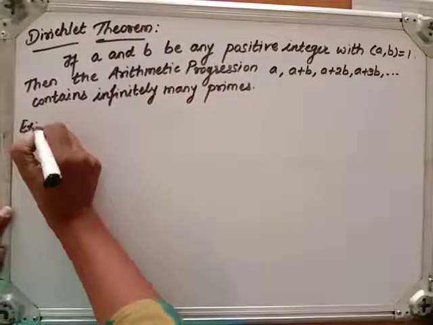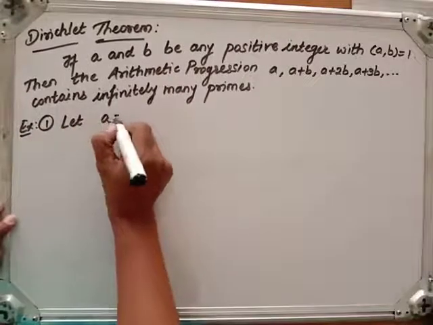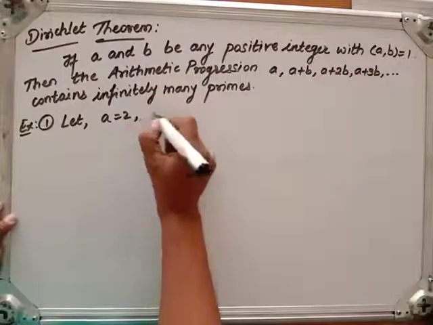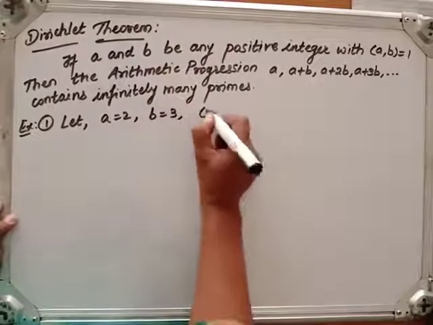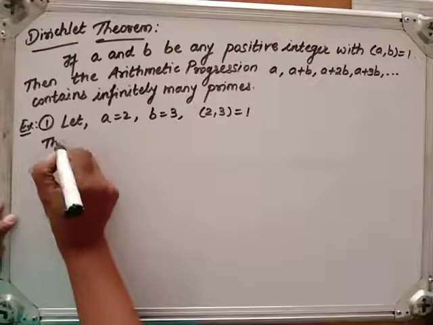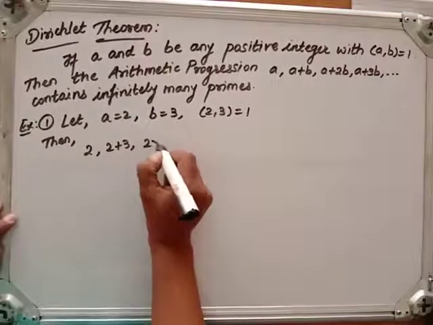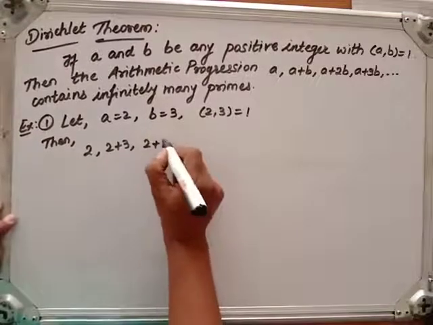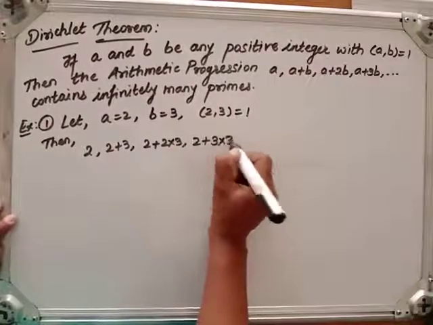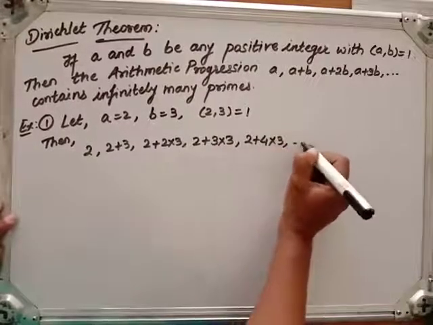Example for this. First, let A be equal to 2 and B equal to, suppose, 3, two positive integers such that they are relatively prime. You know 2 and 3 are relatively prime. Then the arithmetic progression 2 plus 3, 2 plus 2 into 3, 2 plus 3 into 3, 2 plus 4 into 3, and so on.